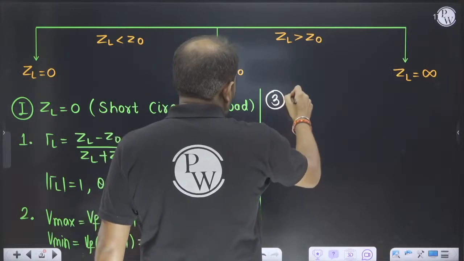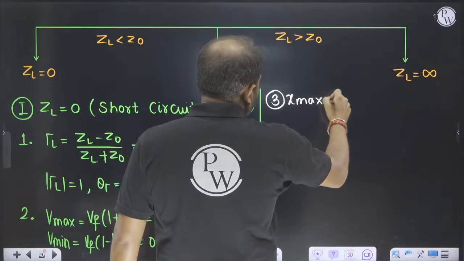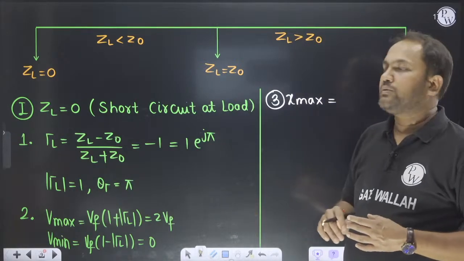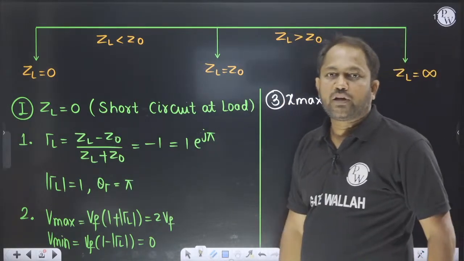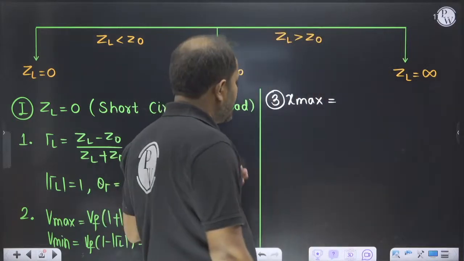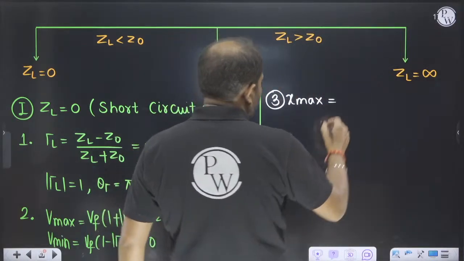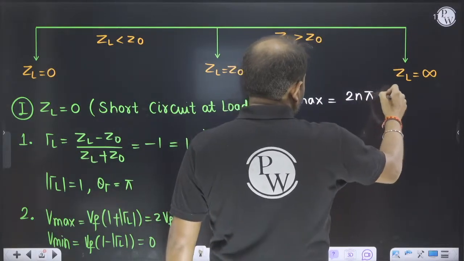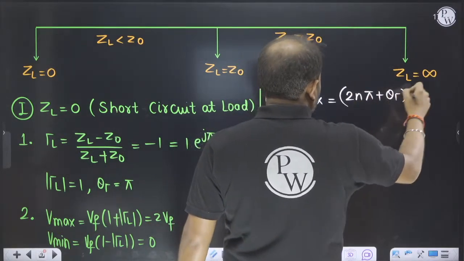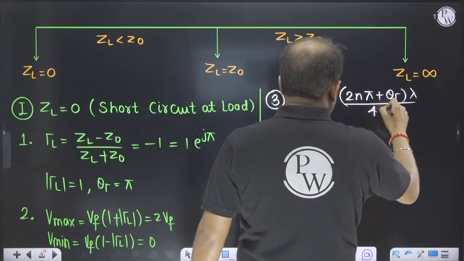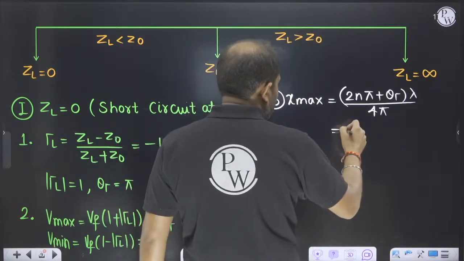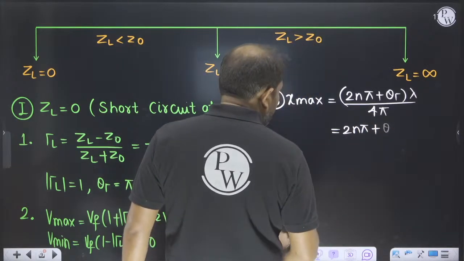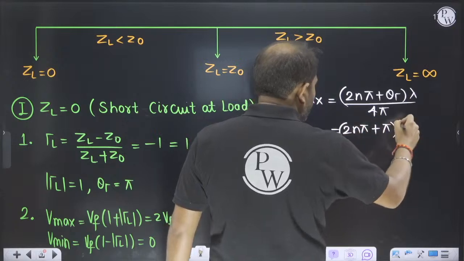We will calculate x max. You have to remember the formula for ZL, the formula for Vmax, and the formula for x max. In the summary, we will discuss what we have to remember in VSWR. x max is (2n pi plus theta gamma) into lambda divided by 4 pi. Let theta gamma be pi, so it will be (2n pi plus pi) into lambda by 4 pi.